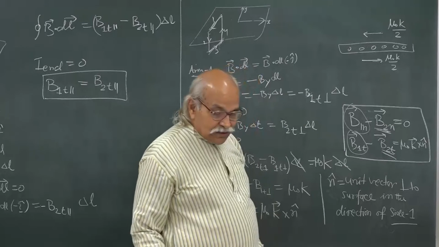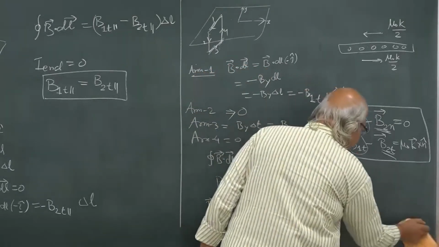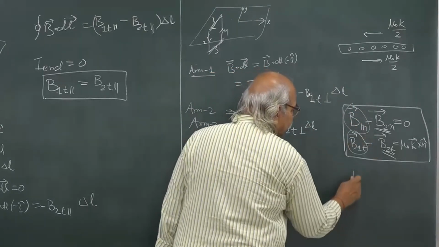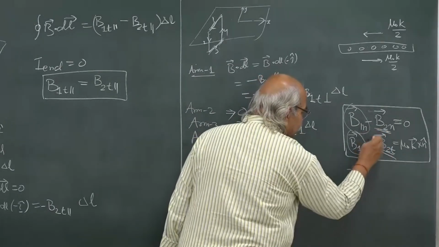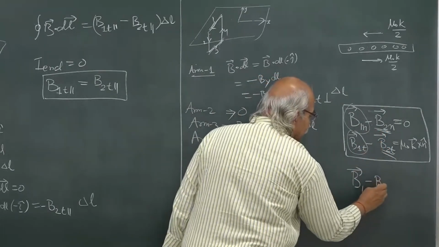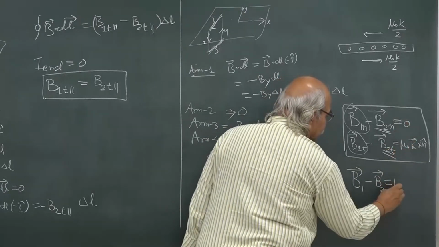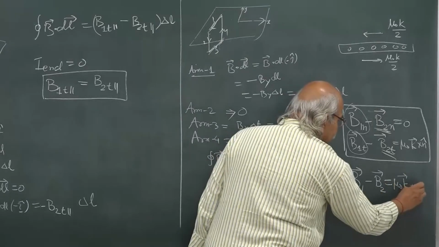So you can also write this as: adding these two gives the B1 vector, adding these two with a minus gives the B2 vector, and on the right, 0 and mu naught K cross n cap.